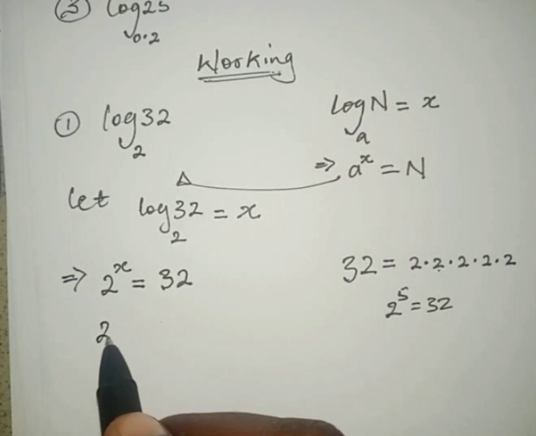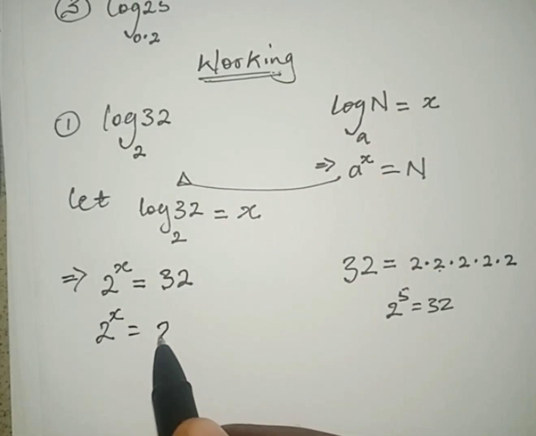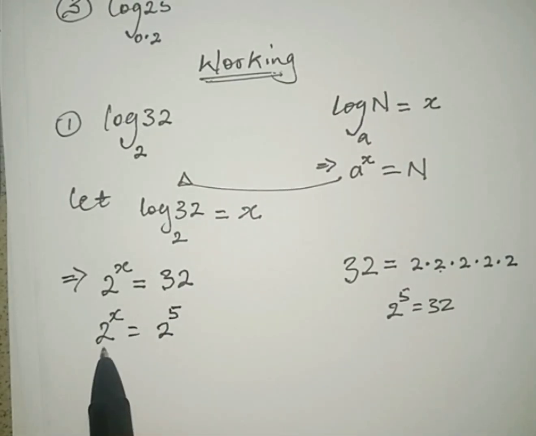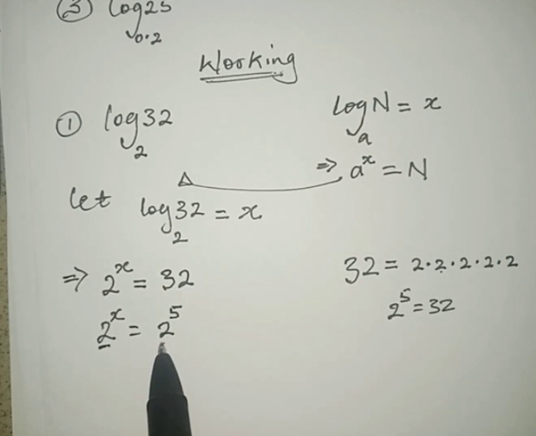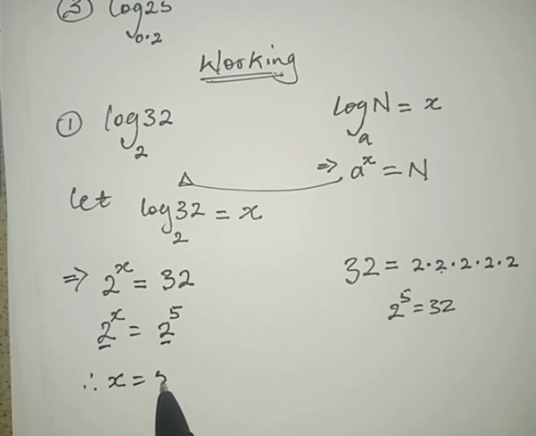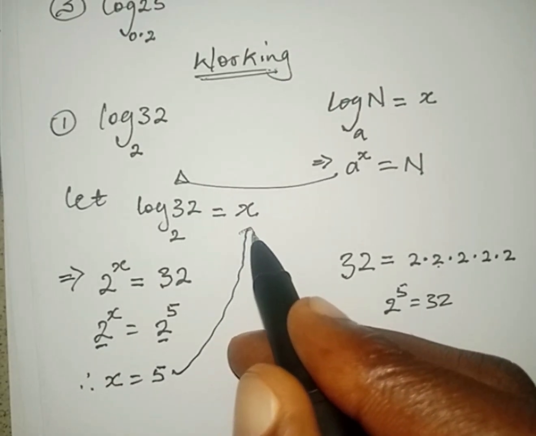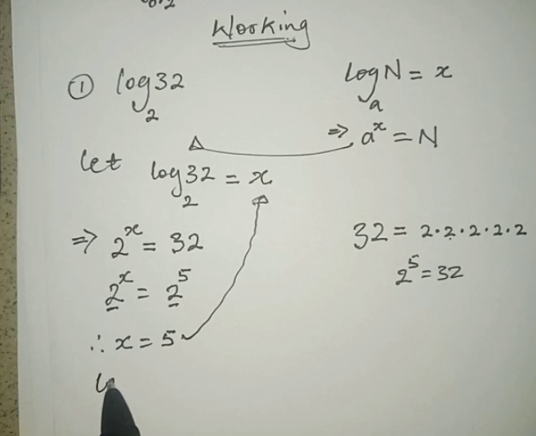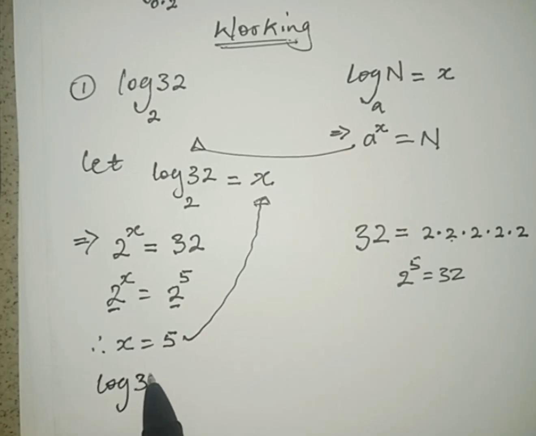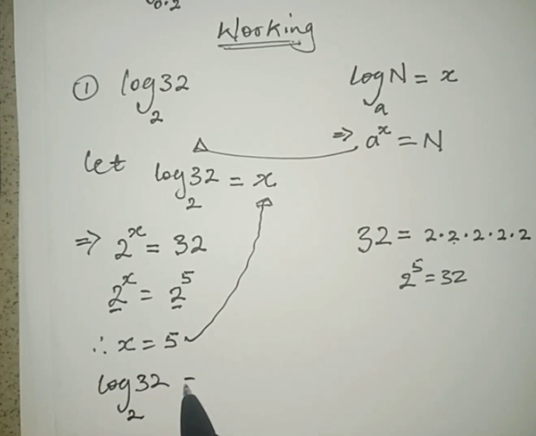So 2 raised to the power x equals 2 raised to the power 5. Now these 2s are equal, therefore x equals 5. So this simply means that log 32 to base 2 is equal to 5.